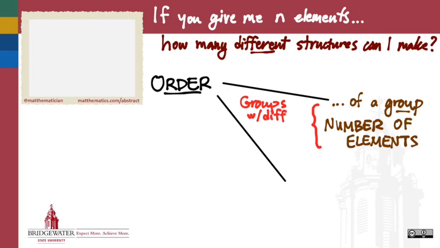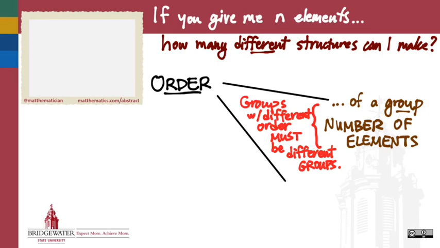Their multiplication tables, their Cayley tables would have to have different dimension, and so they couldn't be reflections of the same Cayley table. So groups with a different order, number of elements, must be different groups. So right away, that gives us one diagnostic criterion. If my group and your group have a different number of elements, we cannot be talking about the same group. There's no possible way. So that's order of a group.